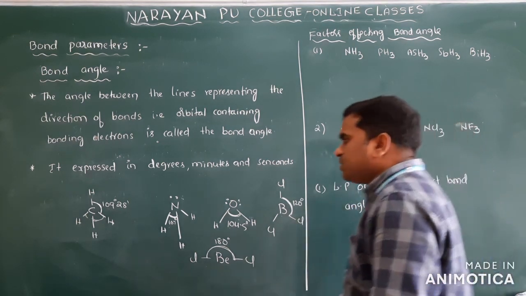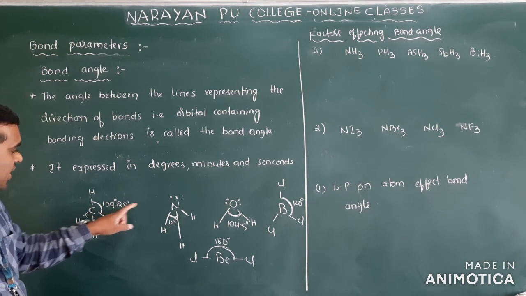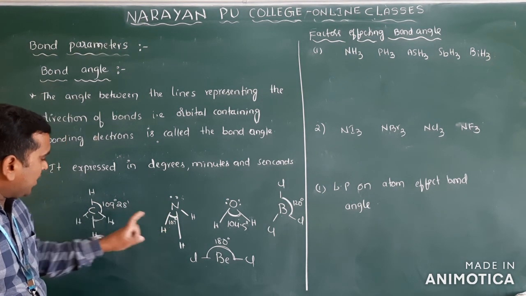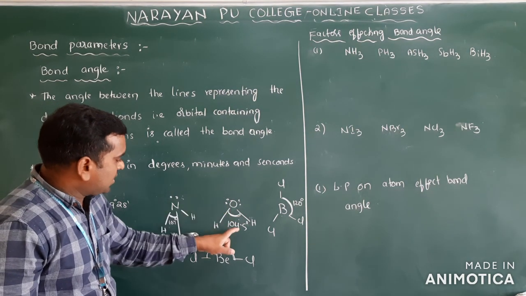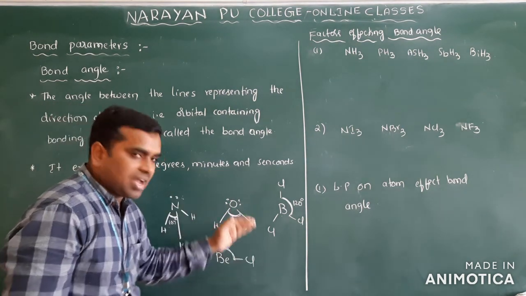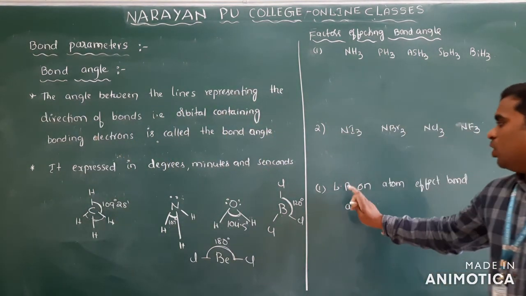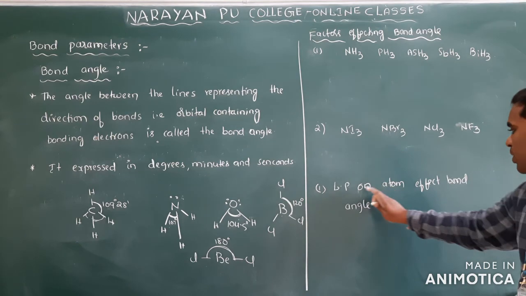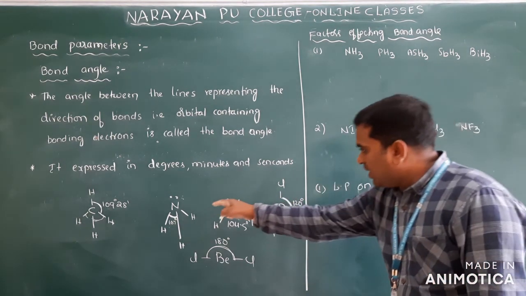Clear? See why: in this one, does carbon have any lone pair? No, 109.28 degrees. Nitrogen has one lone pair, so you see the bond angle is decreasing. If there are more lone pairs, the bond angle decreases further. So this first point is that lone pairs on the atom affect the bond angle, mainly decreasing it.